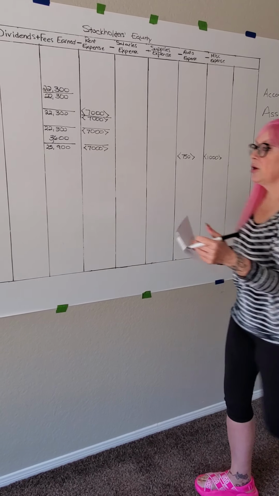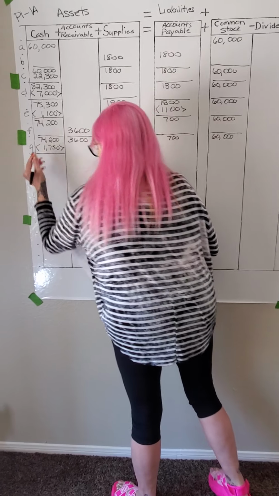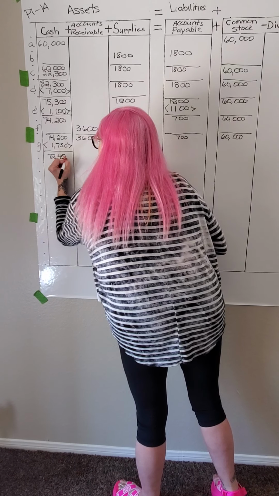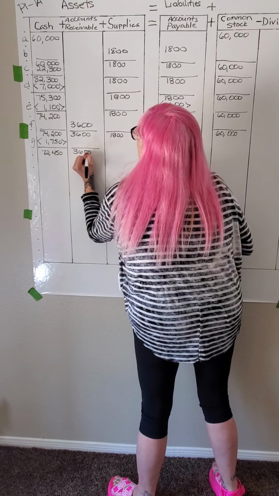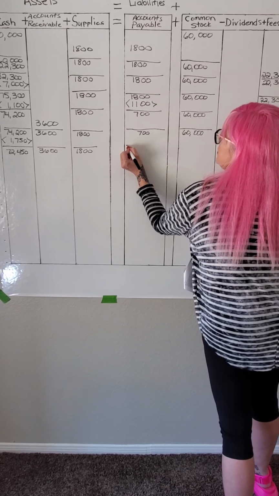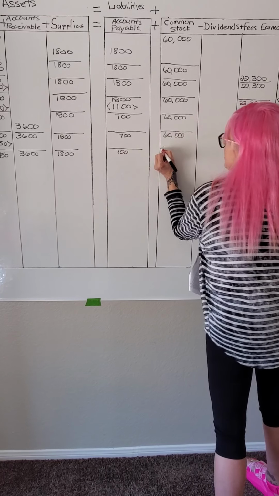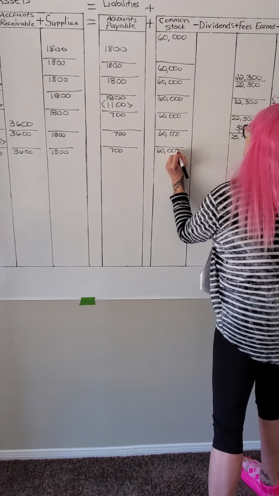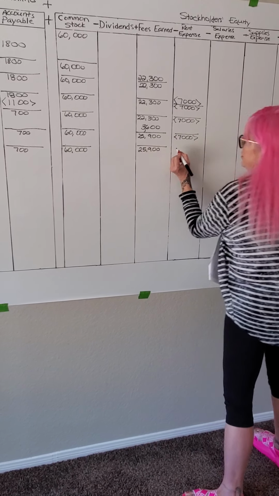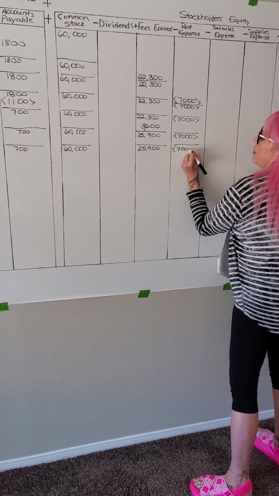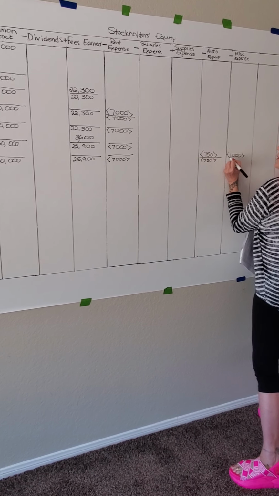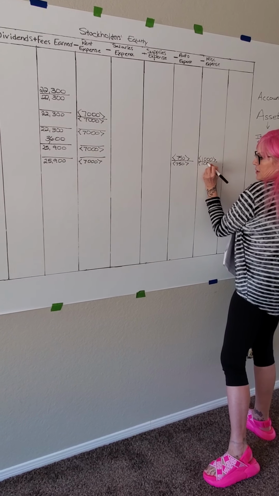Again, we need to bring down all of our balances. $72,450 for cash, $3,600 for accounts receivable, $1,800 for supplies, $700 for our accounts payable, $60,000 for common stock, $25,900 for fees earned, $7,000 of rent expense, $750 of automobile expense, and $1,000 of miscellaneous expense.